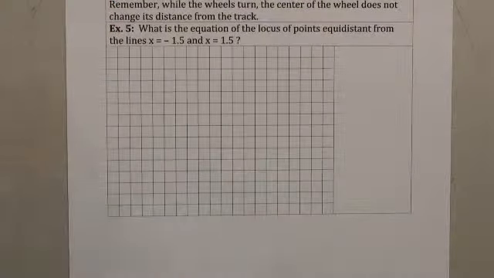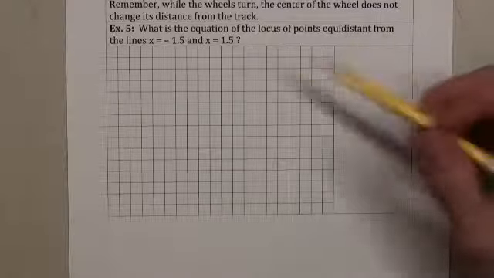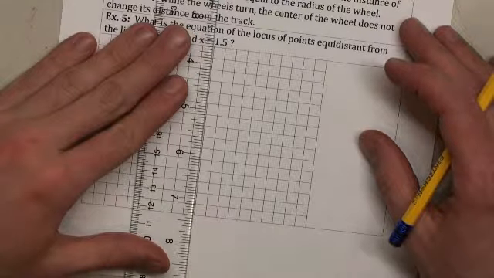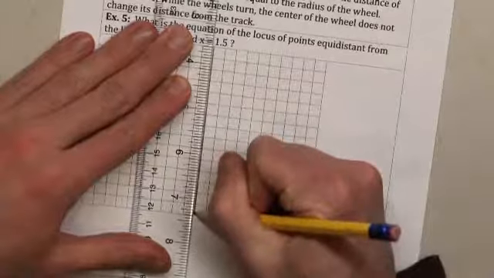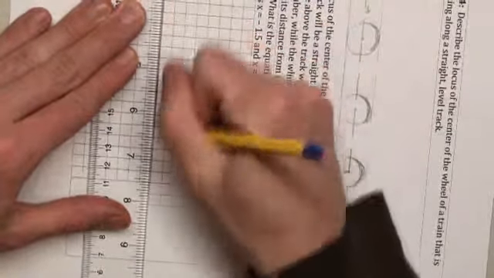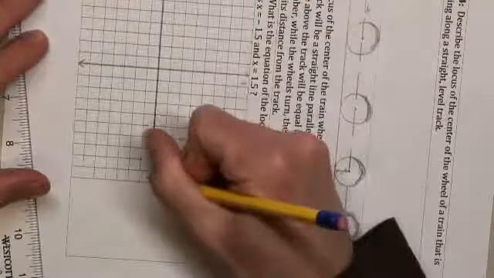What is the equation of the locus of points equidistant from the lines x equals -1.5 and x equals 1.5? Okay, so I'm going to draw an x and a y axis. Okay.